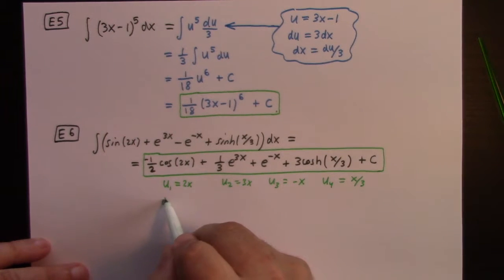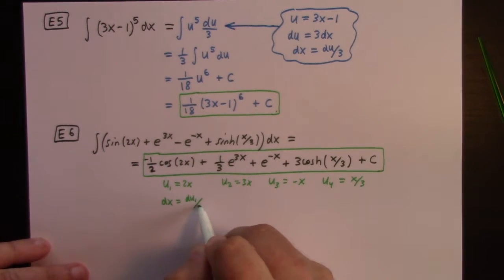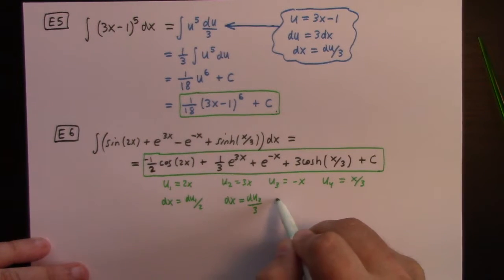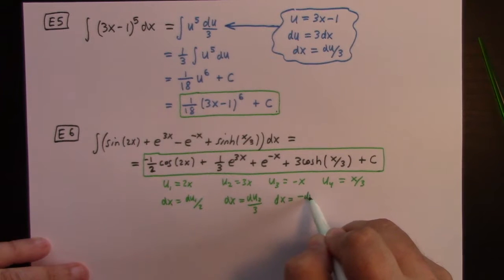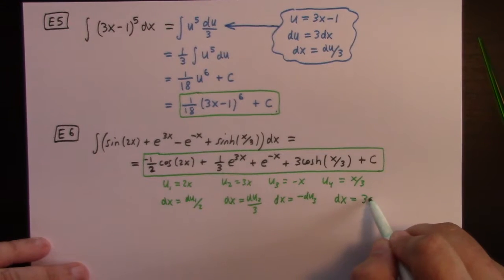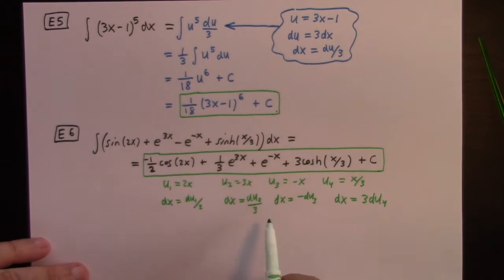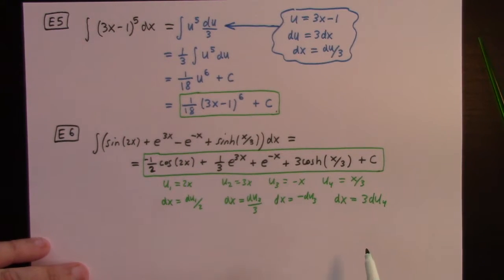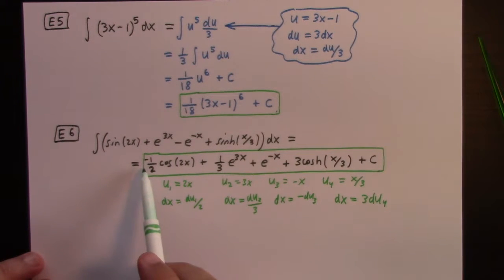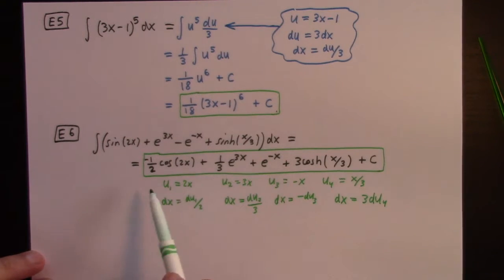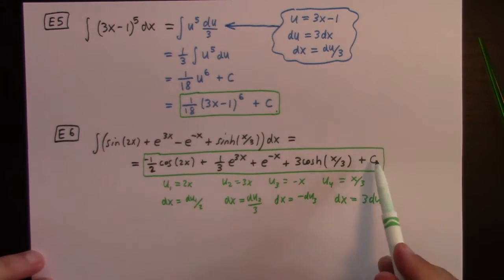Those respectively gave me dx is du1 over 2, dx is du2 over 3, dx is minus du3, and last but not least, dx is equal to 3 du4. And so that's where this 1/2, this 1/3, this minus 1, and of course this 3 came from in that antiderivative. You really want to be able to do it just like I did it, without thinking about the mechanics. This needs to be hardwired.